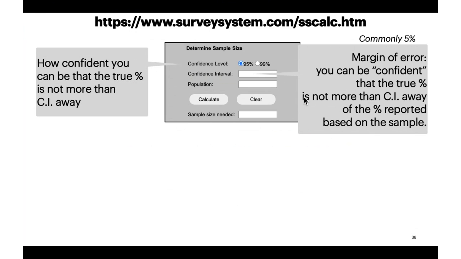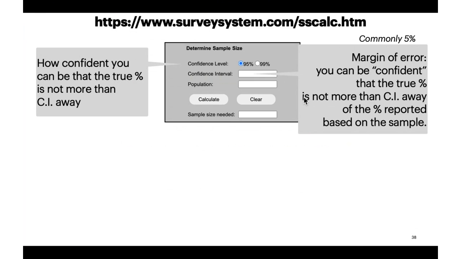The confidence interval is essentially a margin of error. If you have sampled the relevant number of people, and if your sample is indeed random, then you can be confident that the true percentage of people who, for instance, say yes to your question is not more than one confidence interval away from the reported result based on the sample.